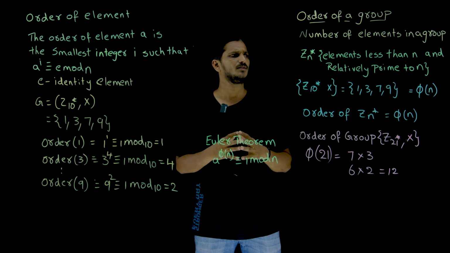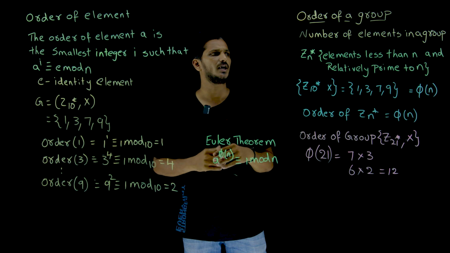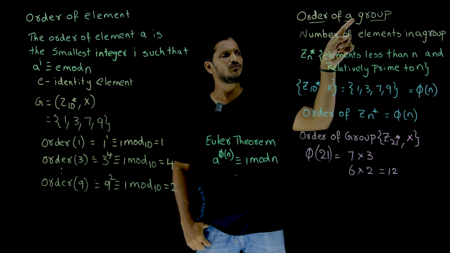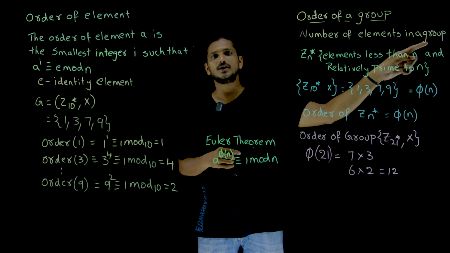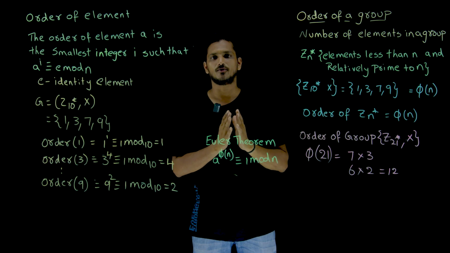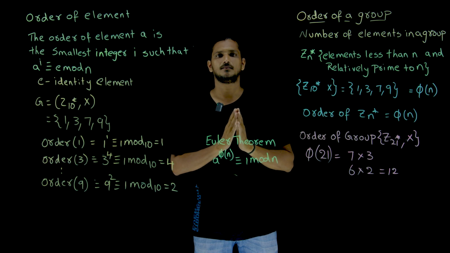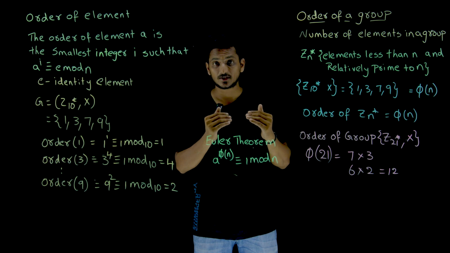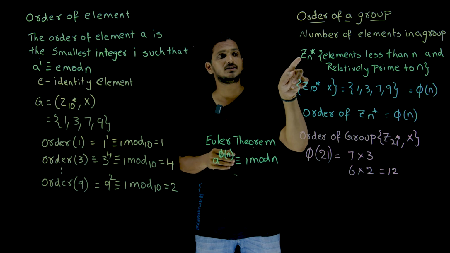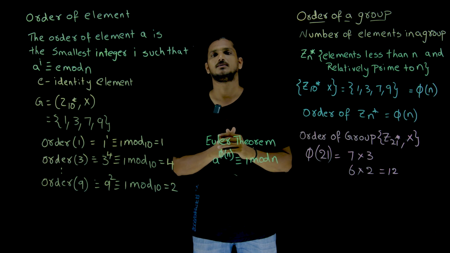Coming to today's class, these are very simple concepts to understand. The order of a group is given as the number of elements in a group. We call it the order of a group. So, the number of elements in a group. Here in our situations, we are going to consider Zn star groups.